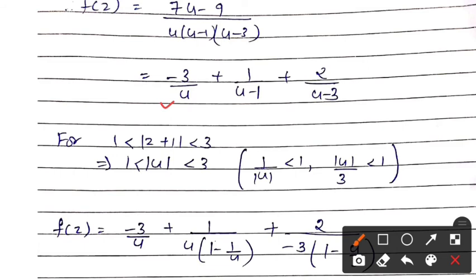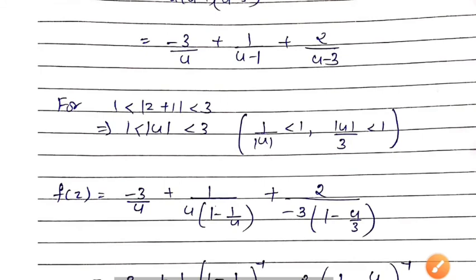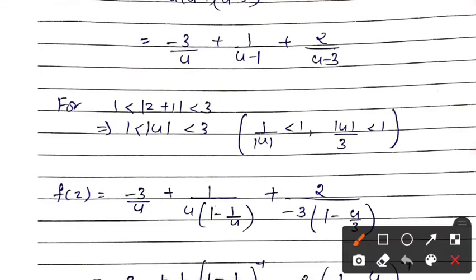Okay. Now my given region is 1 less than mod z plus 1 less than 3. So here I am taking u equal to z plus 1. So this will be turned into 1 less than mod u less than 3. And what are my denominator portions here? See, this term will be as it is everywhere. Now here I am having 1.